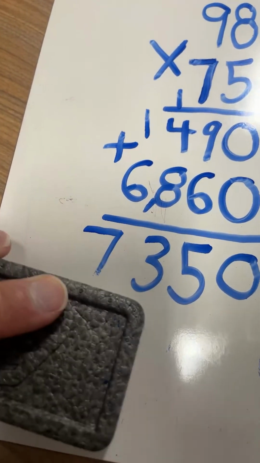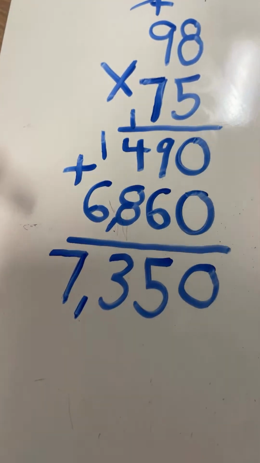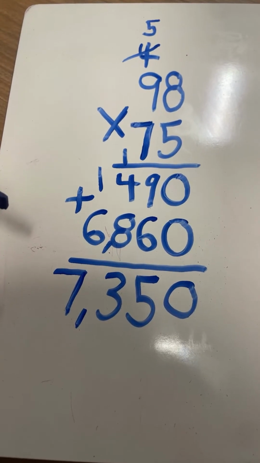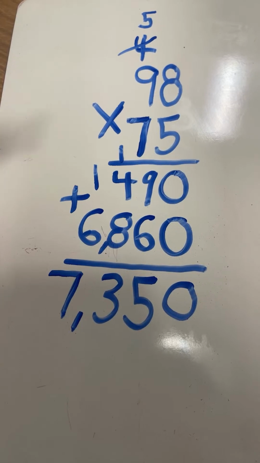And we have our final answer. 98 times 75 equals 7,350.